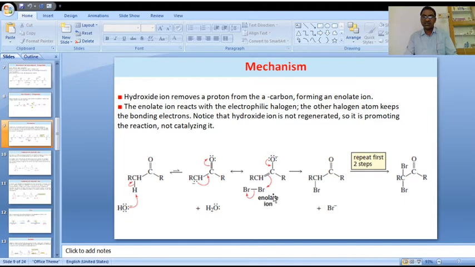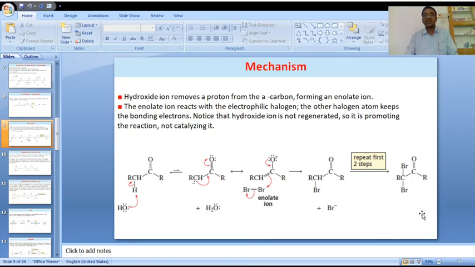The hydroxide ion repeats the reaction, and another hydrogen from the alpha carbon is replaced by another bromine, another bromine electrophile.